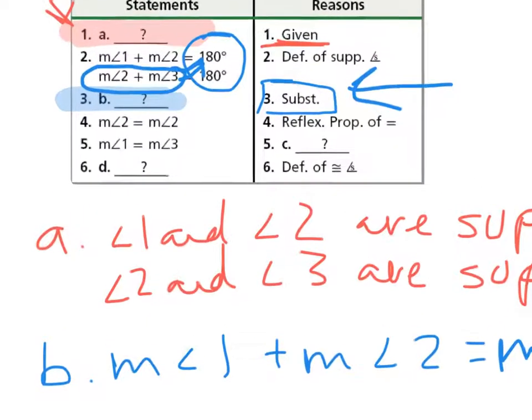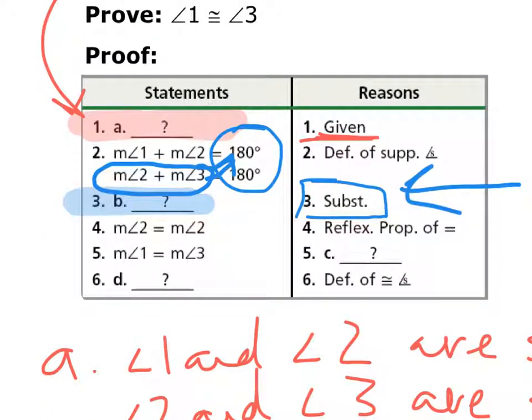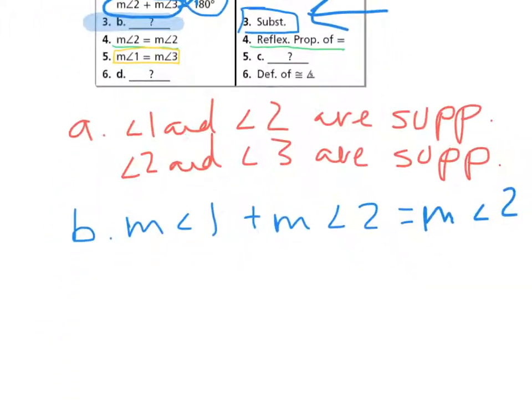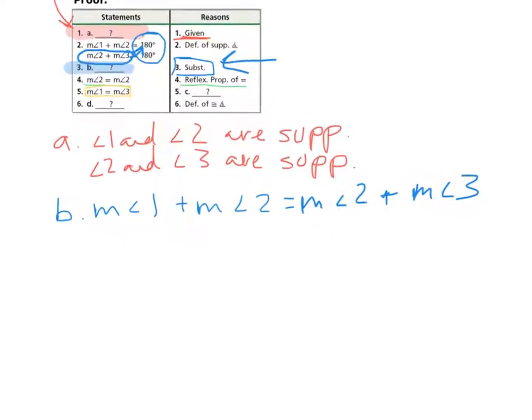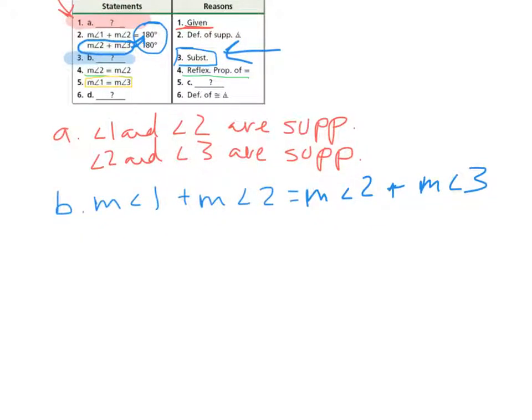So now we have the measure of angle 2 is equal to the measure of angle 2. And what's our reason for this? Reflexive property of equality. And the next one is the measure of angle 1 is equal to the measure of angle 3. Well, let's look at B up here.